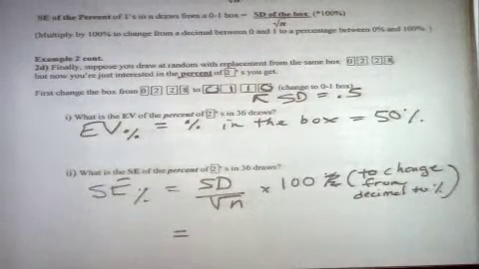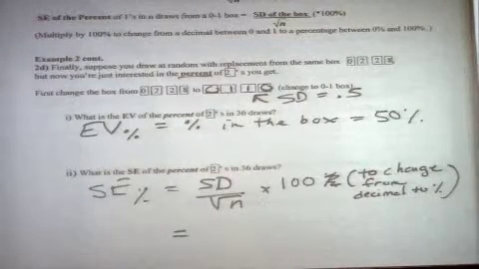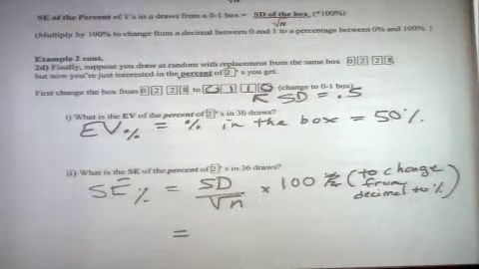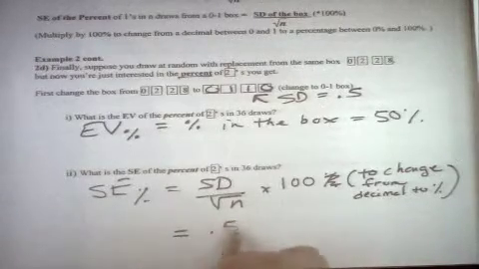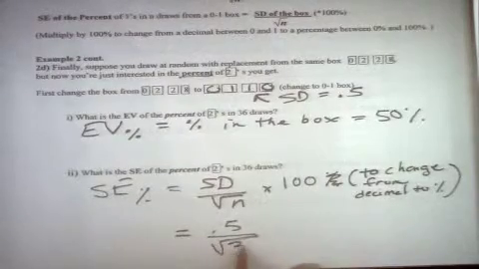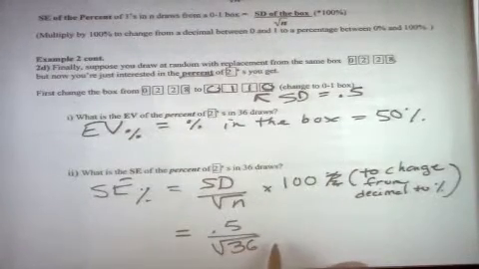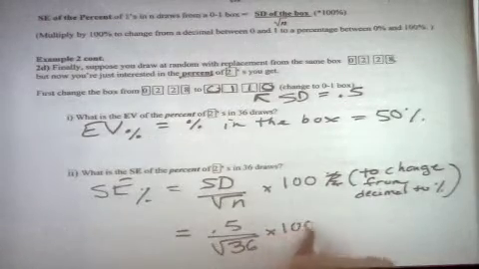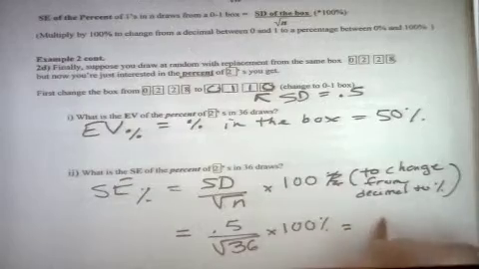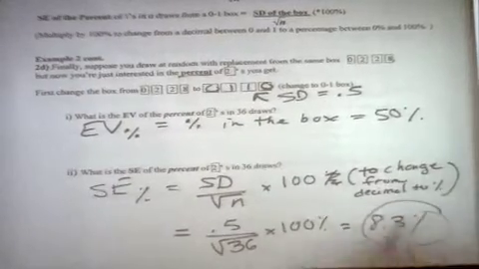We just did it. It's the square root of 0.5 times 0.5. Okay, so we have 0.5 divided by the square root of 36, times 100. Now you'll have the percent. And when you do that, you get 8.3%.